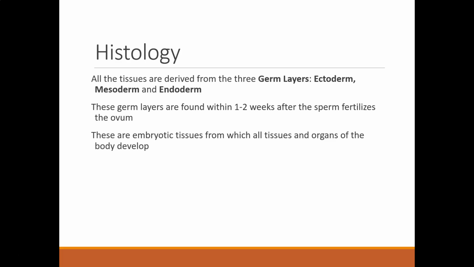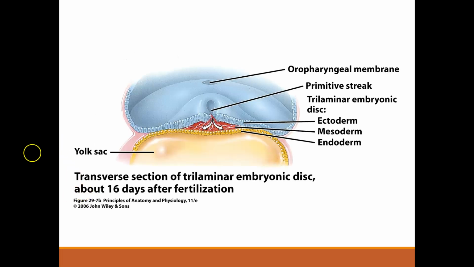So 1 to 2 weeks after the sperm fertilizes the ovum, we start getting these 3 germ layers being created. And out of these 3 germ layers, all tissues and organs of the body develop. So we can see here are your germ layers. We've got the ectoderm on the outside, the mesoderm in the middle, and then the deepest is the endoderm here.